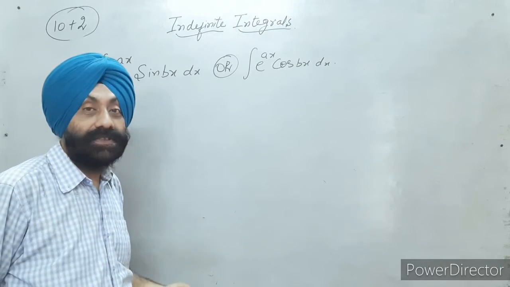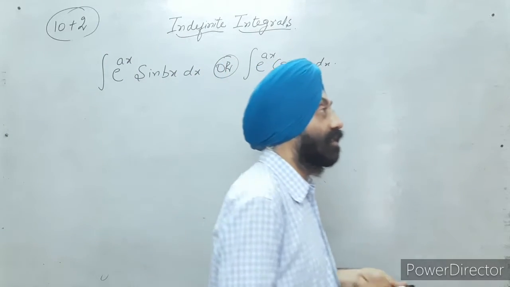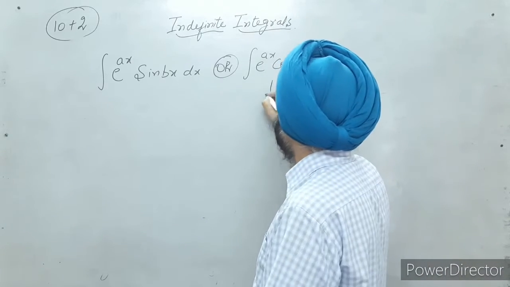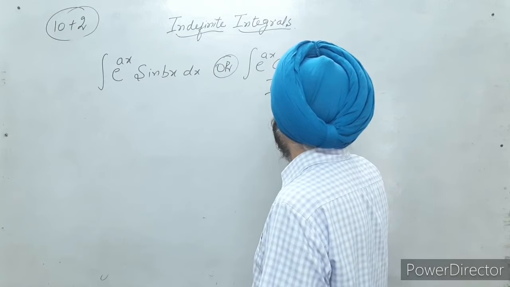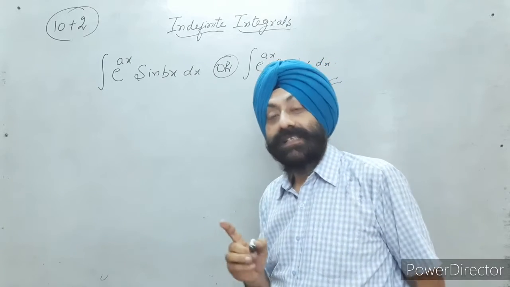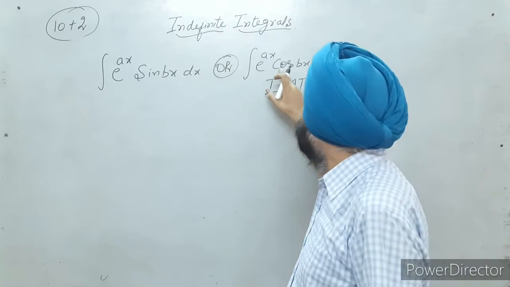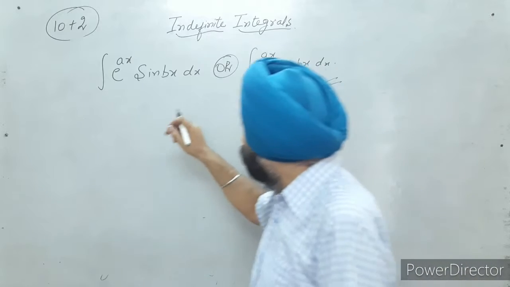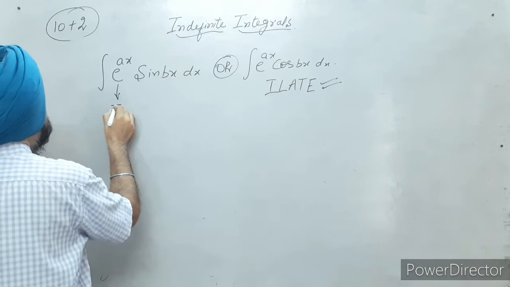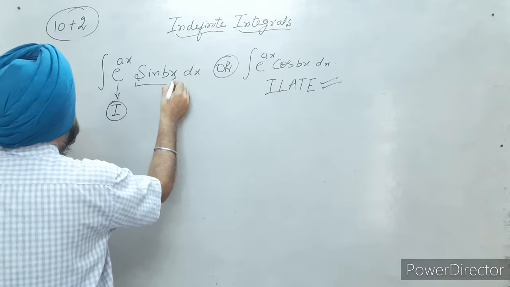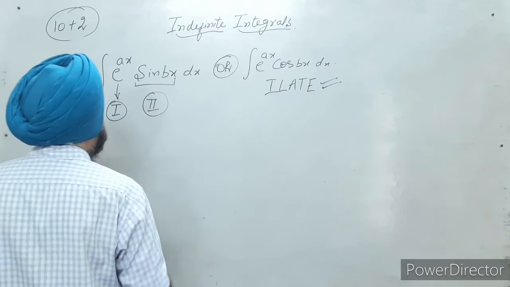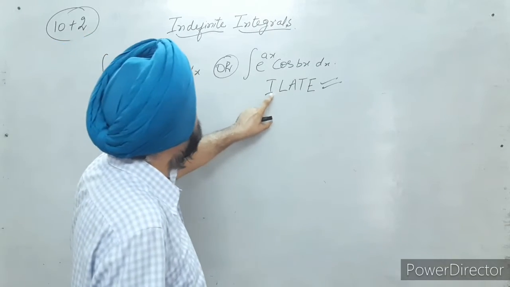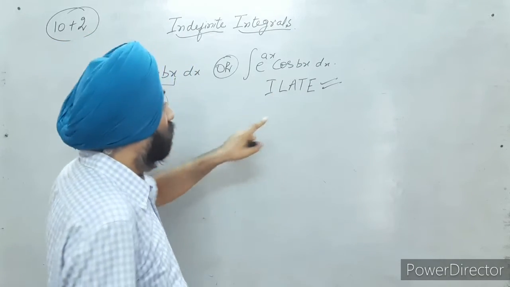In the whole of integration, when it comes to integration by parts, we follow the ILATE rule, but in these two types, we don't follow this rule. Then I will take this as first function and this as second function. These are the only two questions. This is the only type in which we don't follow the ILATE rule.